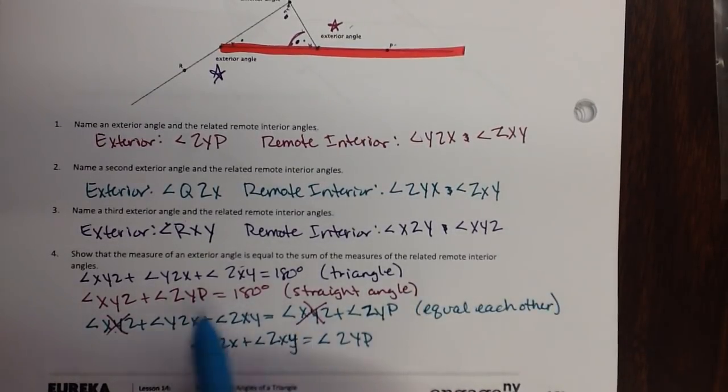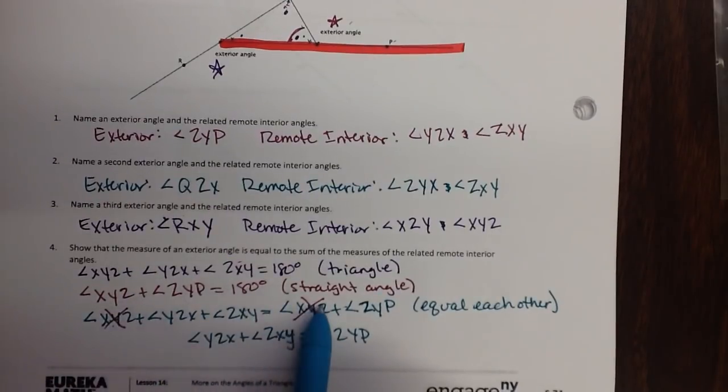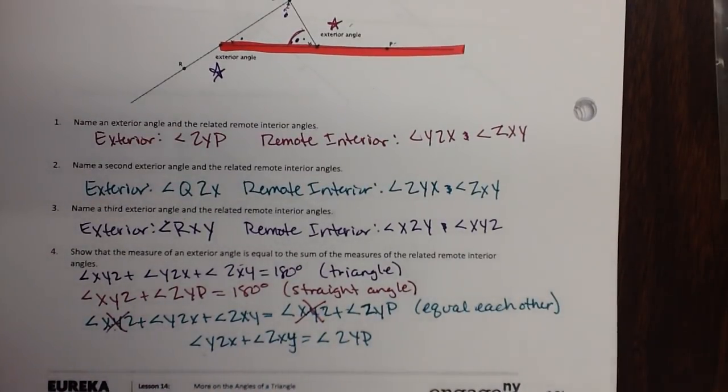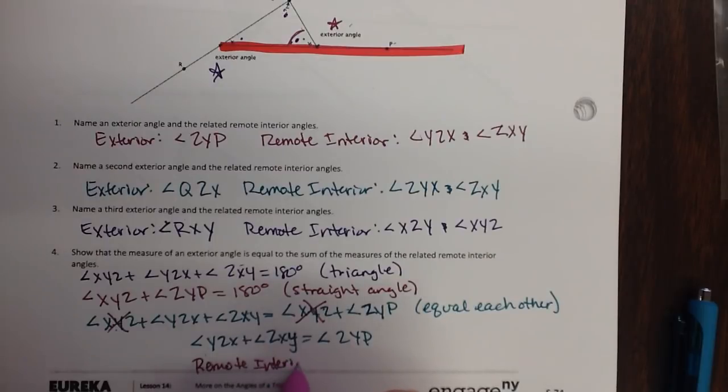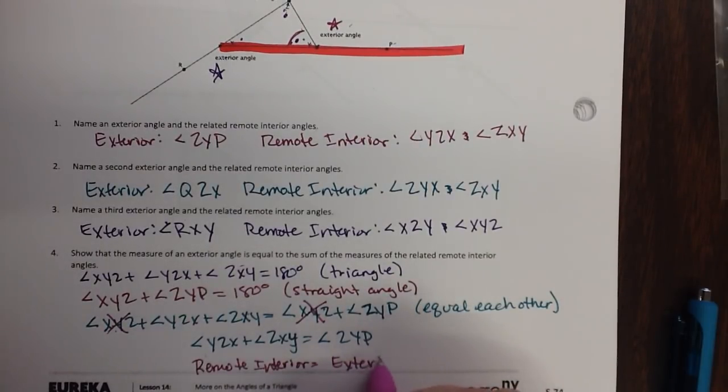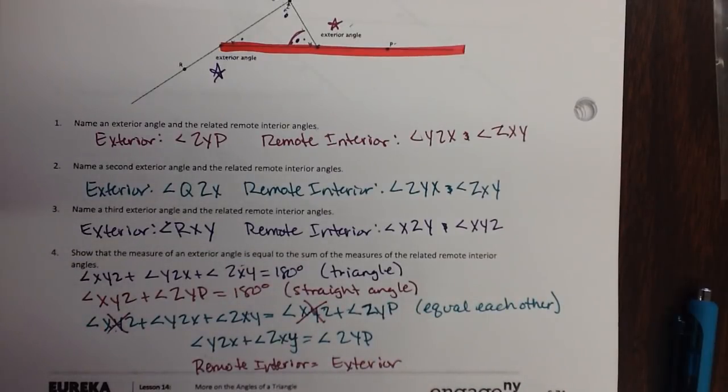And we got rid of the things that were common on both sides. And then we're left with the remote interior equals the exterior. Okay.